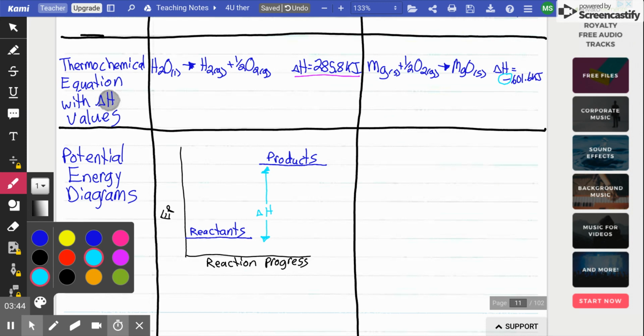So when we draw these for a specific reaction, so we're going to look at our electrolysis reaction, you actually write the reactants and the products and the energy value.